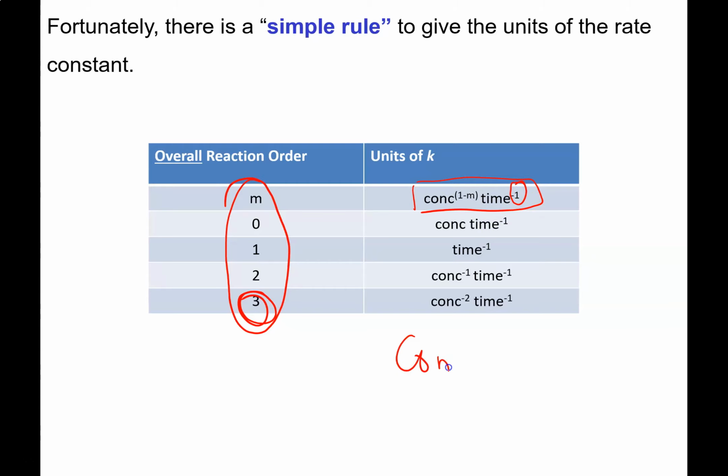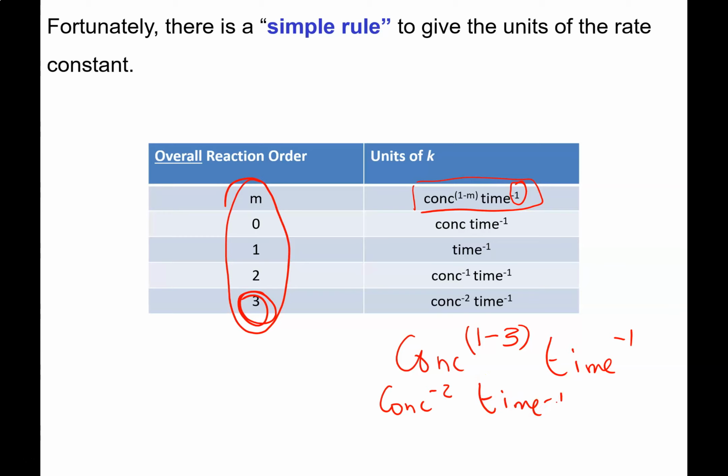So for us, it's going to be concentration raised to the power of 1 minus 3, and then it's time to the minus 1. And then you just have to think about what are my time units and what are my concentration units.